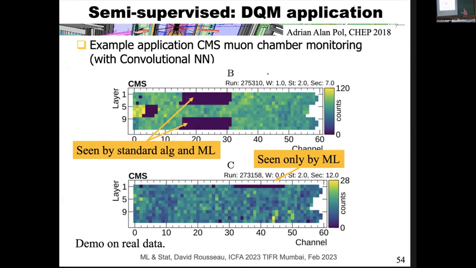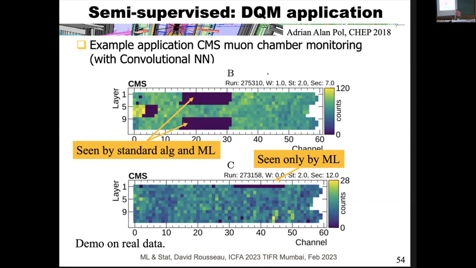And this was not completely black, but less so. This was not seen by the standard algorithm, and this was detected by machine learning. And this is really running using real data. It is not a kind of quick simulation thing.